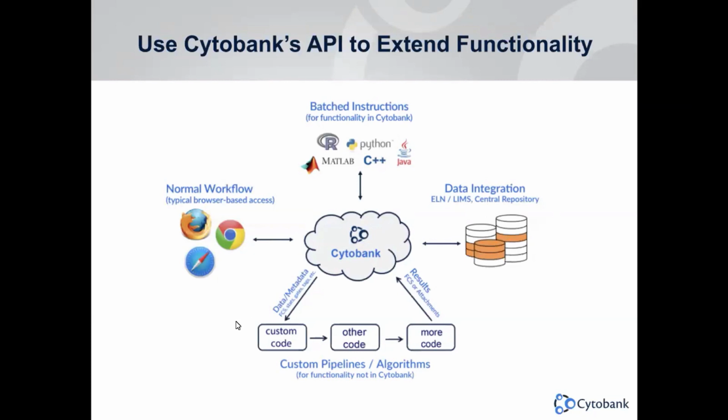Or you can even use customized code to build a pipeline to run an algorithm that's otherwise not available within Cytobank. Then you can upload the results or the data back to Cytobank. So the API allows easy collaboration between bioinformaticians, statisticians, and biologists. Cytobank can serve as the central platform connecting all those workflows.